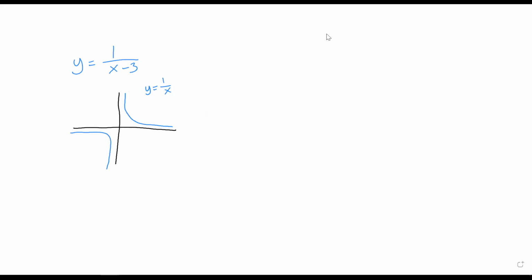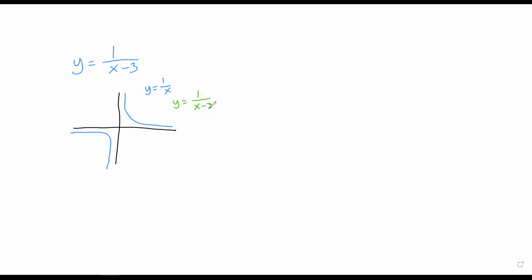Then I've got y equals 1 divided by x minus 3. What is the x minus 3 going to do to that graph? What is the minus 3 going to do? Remember the shift. What type of shift is that?